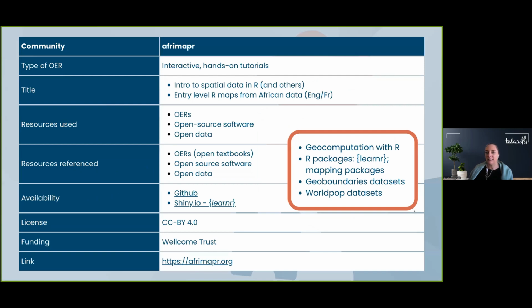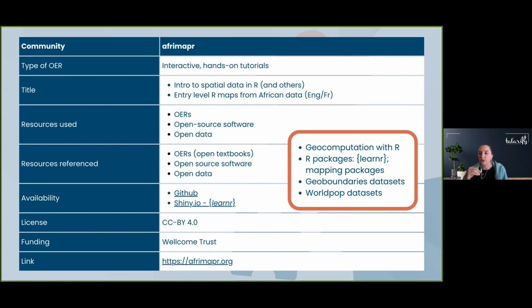For each of these case studies, I've displayed a bit of information. For this project, we were working with Africans who wanted to create maps using R from their African data. Often, some of the foundational data sets that you would use to create your maps are not readily available.